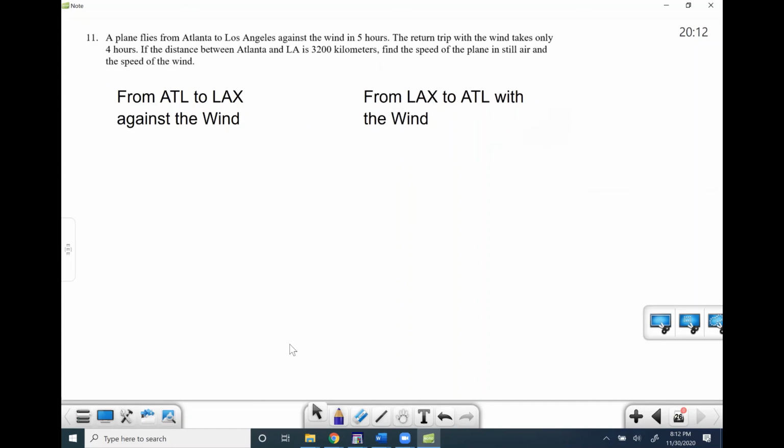All right. Now what we're going to do for these, this is kind of like the rowing the boat problem, you guys, from earlier in class. Like almost exactly like it. You're going to totally feel that rowing, against stream and with the stream. Very much like that. So we're going to use good old DIRT. Distance is rate times time.